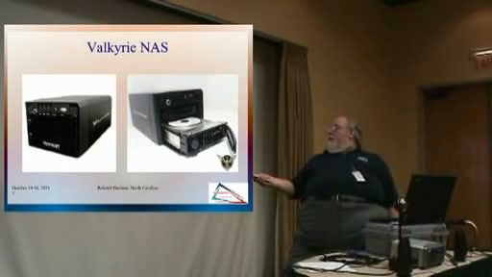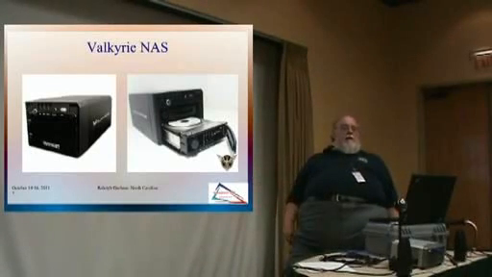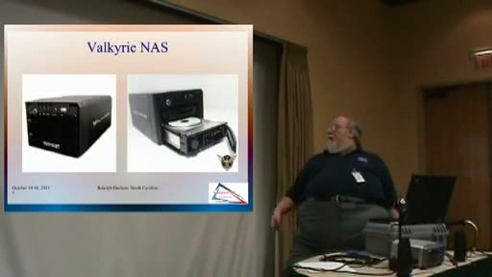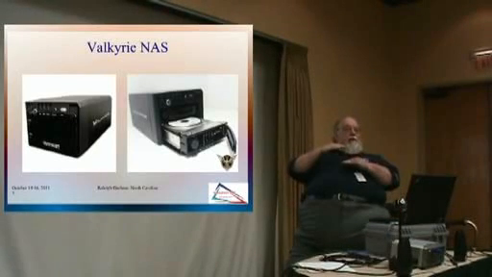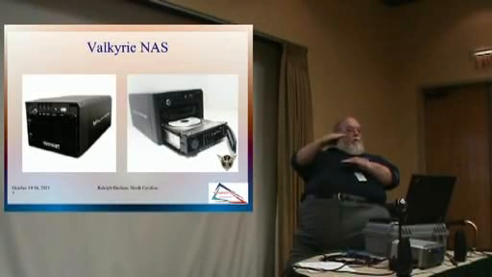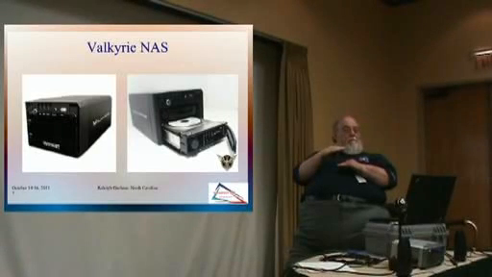This unit has the ability to use RAID 0 or RAID 1. And there's a third one, and I can't remember what it is now. Basically, RAID 0 just says, if I have 2 hard drives in here, treat them as one. RAID 1 gives you redundancy. Whatever goes on drive 1 is on drive 2.